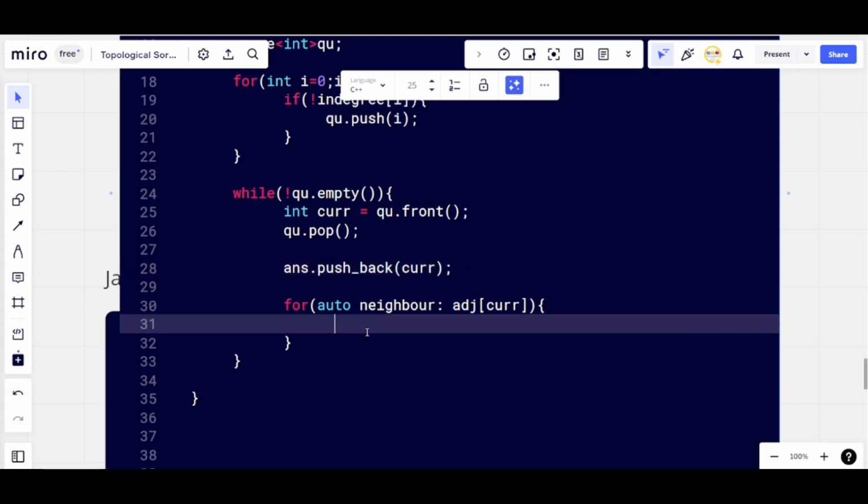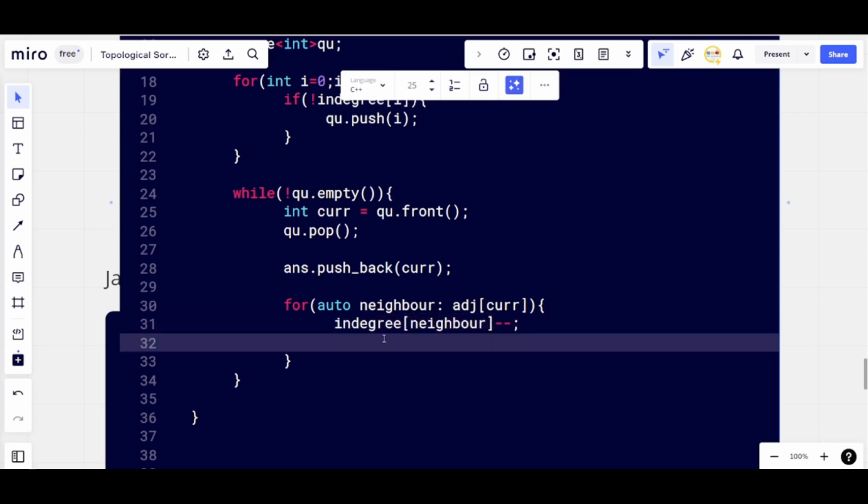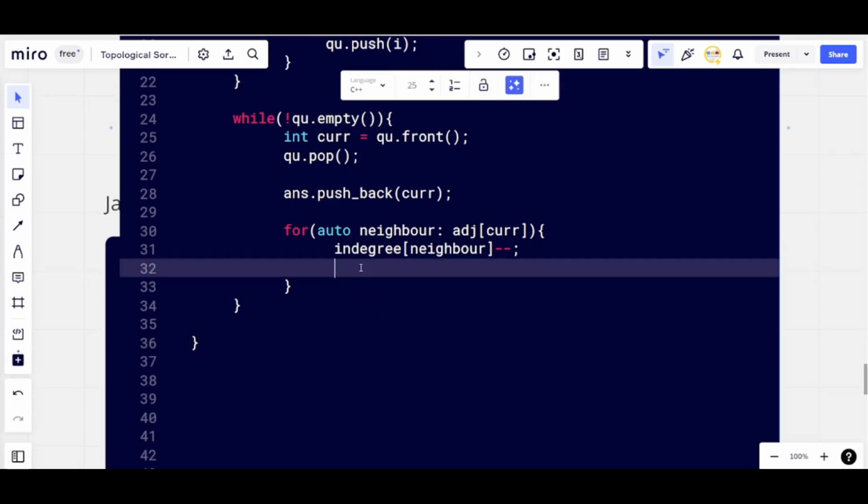I will traverse its neighbors, and for every neighbor I will decrement the in degree by 1 unit. So for this neighbor the in degree will be decremented by 1, and here I am checking if the in degree for that neighbor becomes 0.